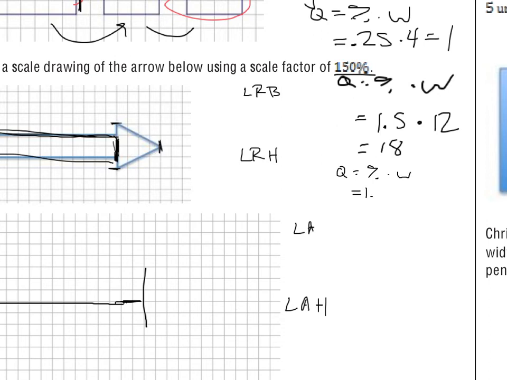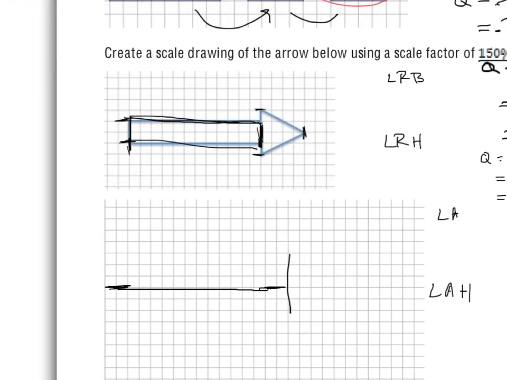So it's going to be 1.5 of 2, which gives me 3. So my height is going to be 3. I draw that on here for my rectangle. And I can finish drawing out my rectangle. So this is going to be my rectangular portion.